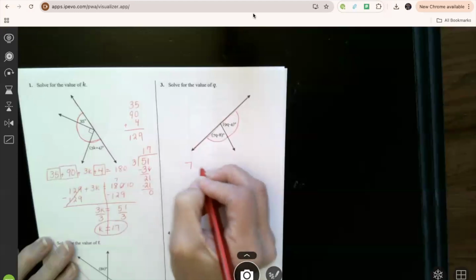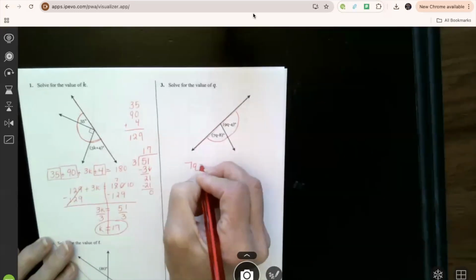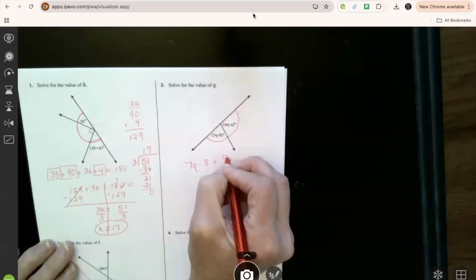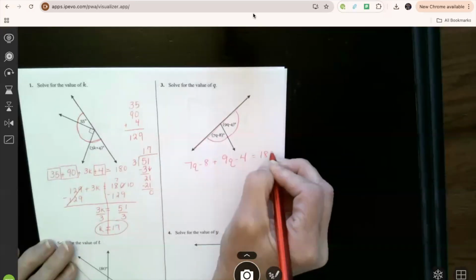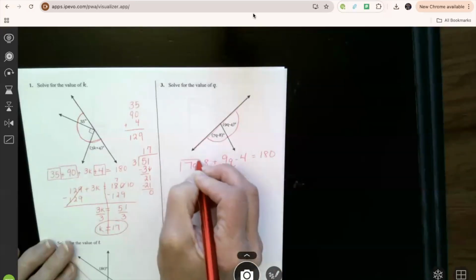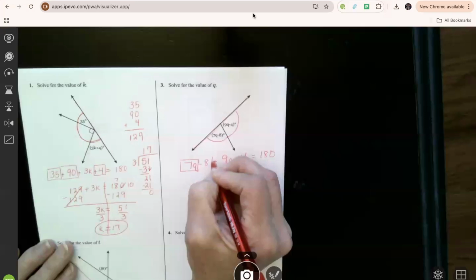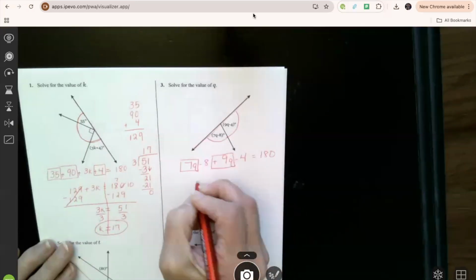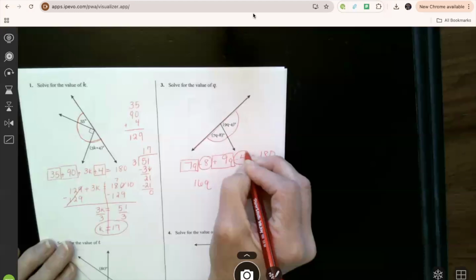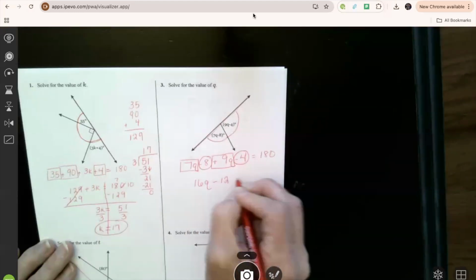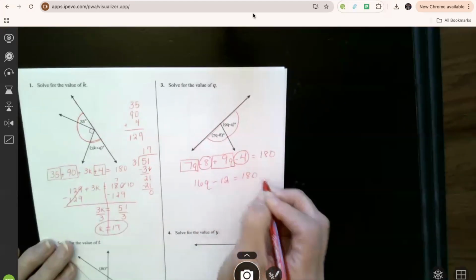So I'm going to use that to write an equation. 7Q minus 8 plus 9Q minus 4 equals 180 degrees.